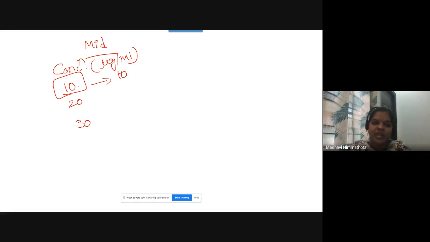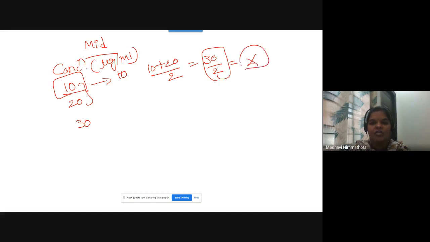Then the next is 10 plus 20 by 2, that is 30 by 2, then you will get some value x. This is the midpoint of the concentration. So you can take the midpoint of the concentration like this, for each and every concentration. So this is the midpoint calculation for concentration.